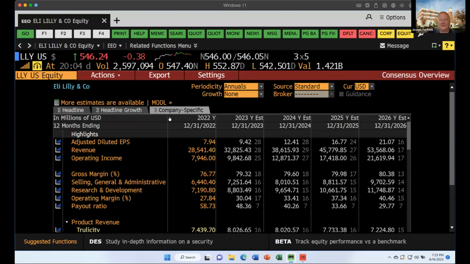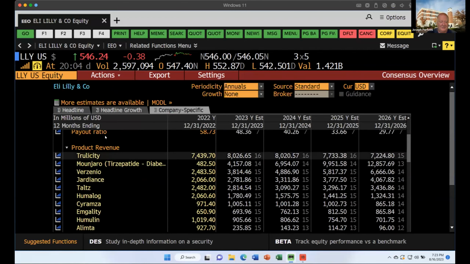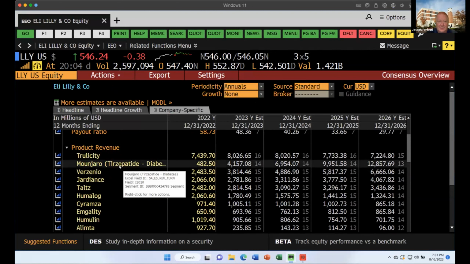Lilly, over the next 4 or 5 years, as a proxy for the long term, is expected to pretty much double in size. Last year, they had 28 billion in sales. By 2026, almost $54 billion in sales. And one of the reasons is because of a drug called Mounjaro. It's a weight loss drug, kind of like Ozempic. So it's their version of Ozempic.